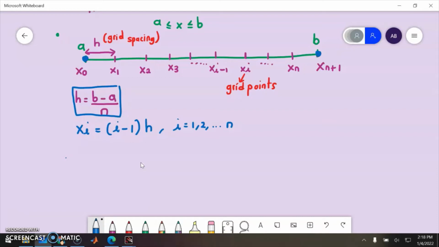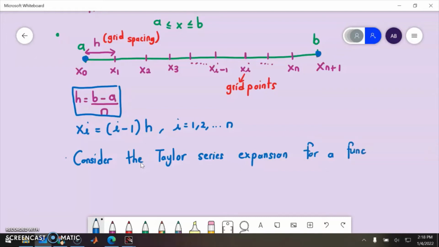So consider the Taylor series expansion for the function y and its derivative. Okay, how do you find its derivative? So we can have y(x + h).